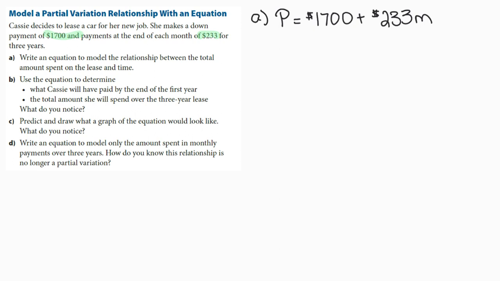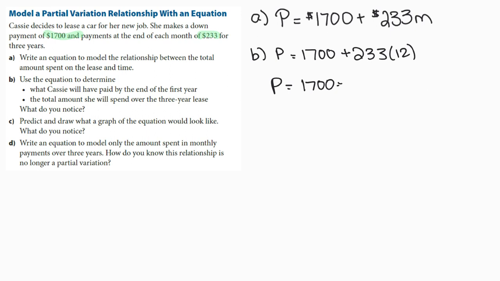So use the equation to determine what Cassie would have paid by the end of the first year. So the end of the first year would be 12 months in, because there's 12 months in a year. So all we need to do is take our equation and fill in 12 for the number of months. So our order of operations tells me I have to multiply first. So I have to do 233 times 12.